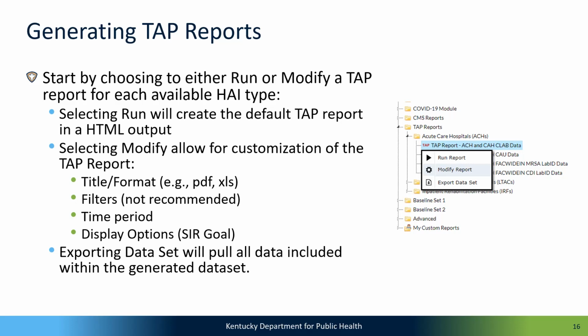It is suggested that you go in and modify to allow for customization of the TAP report, which can include changing the title and the format, such as including it as a PDF or an Excel. You can also filter, however, this is not recommended. You can adjust the time period for the TAP report and what data would be included, as well as the different display options, so maybe modifying our SIR goal to be a custom goal. And then lastly, it will allow for exporting the data set, which will pull the included data in our original generated data set.